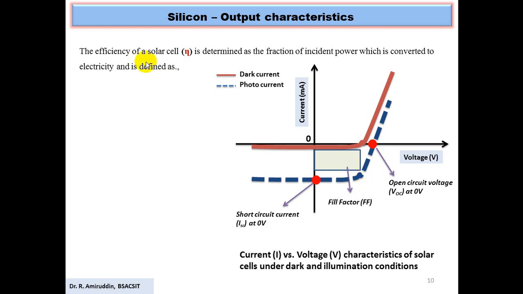Now the efficiency of solar cells can be calculated based upon these factors: the product of open circuit voltage, short circuit current and fill factor, divided by the input power of the visible light. It can be the power of the sun or the power of any visible light.